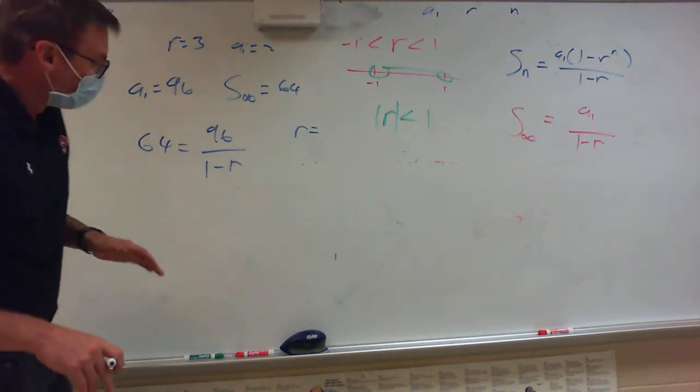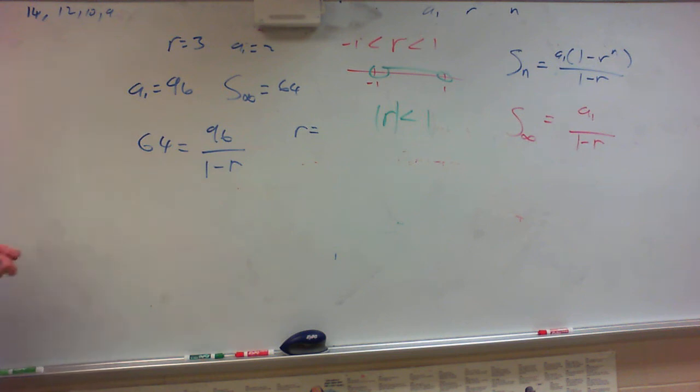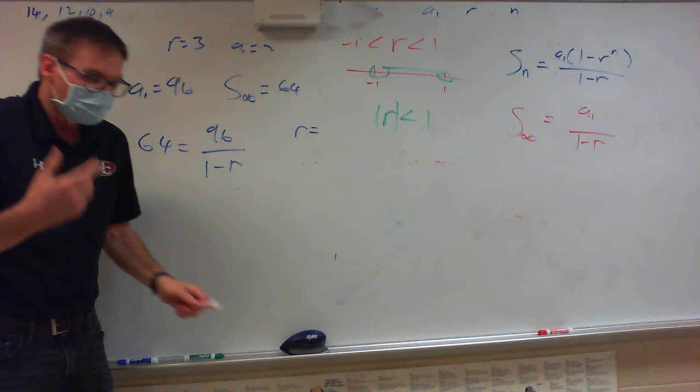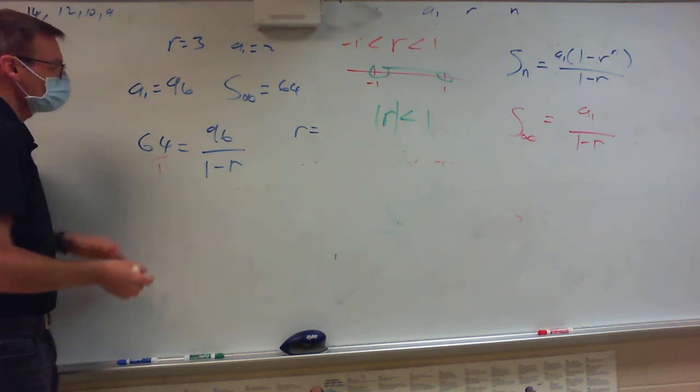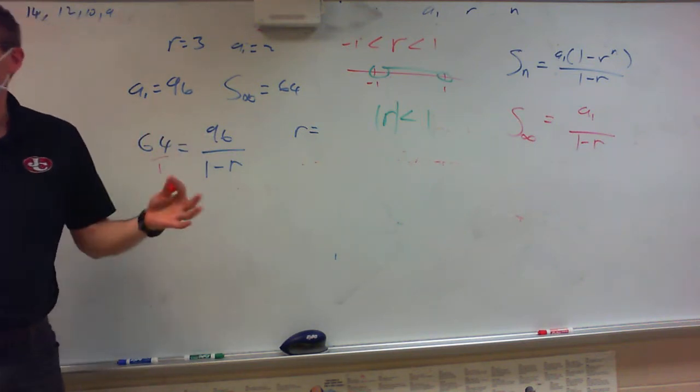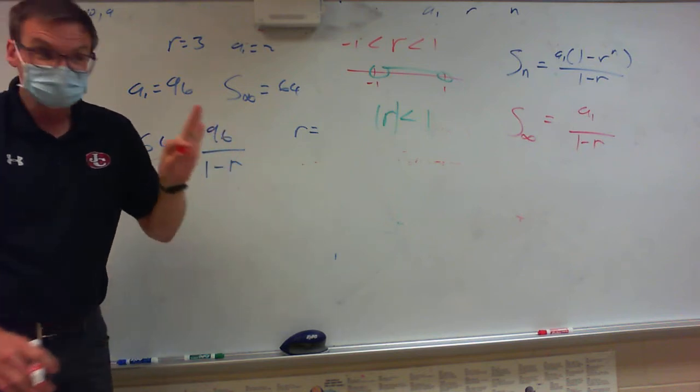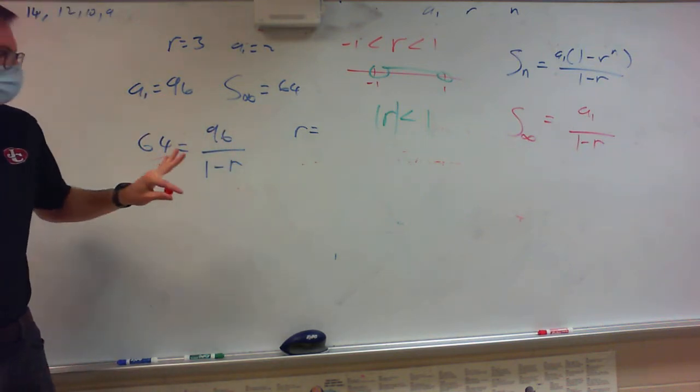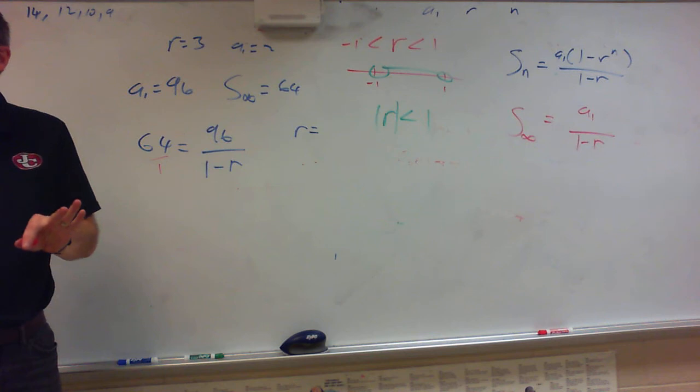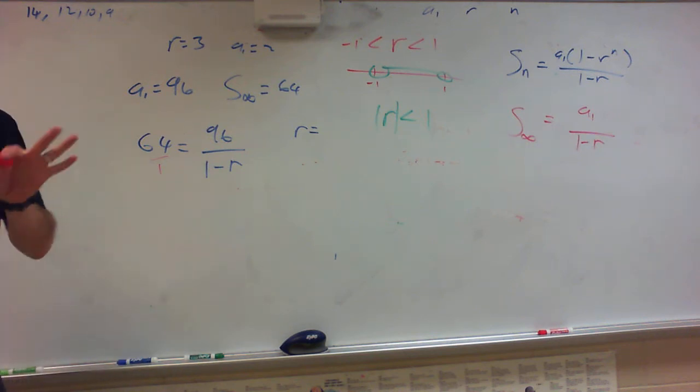Now, as far as solving this equation, I could just say solve it, and you'd get it, right? You could look at this and say put this over 1. You can cross multiply and solve for r. But I'd like to show you my trick. I may have already done it, but I want to show it again.